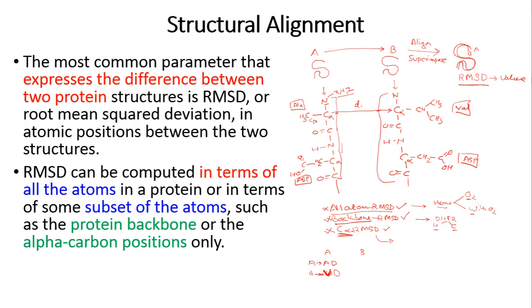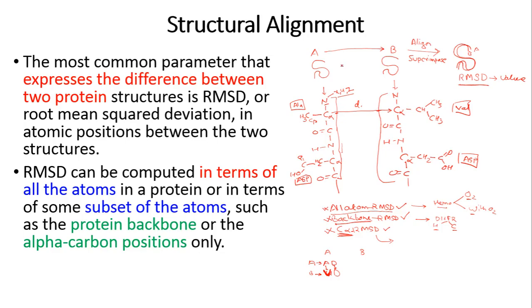When you compare these two sequences, you need to find a one-to-one relationship between the atoms in the two proteins that are to be superimposed, and then eventually calculate the RMSD.